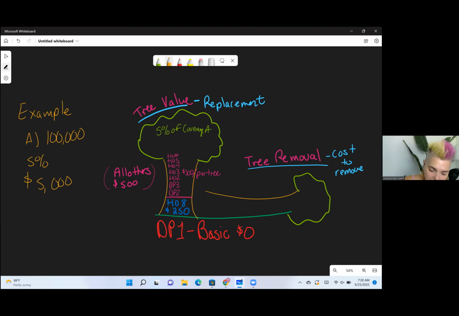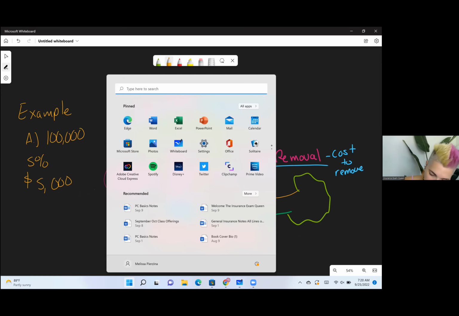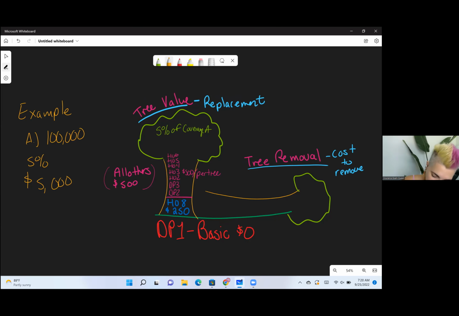Well, maybe, but to find 5% of something, 10% is easy, so just focus on that. In order to find 10% of something, you just move the decimal over 1. So you move the decimal over one time, and then you have 10,000, and then you need only 5%, so you just divide that by 2, and that will equal 5,000.